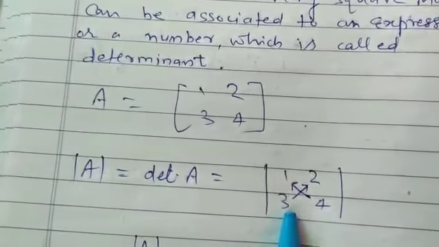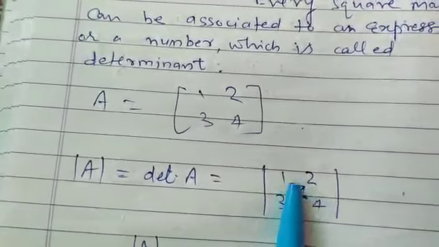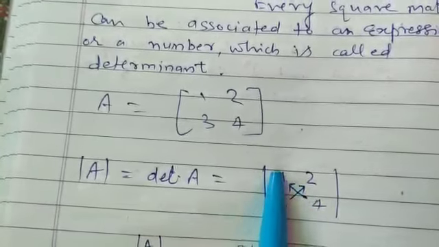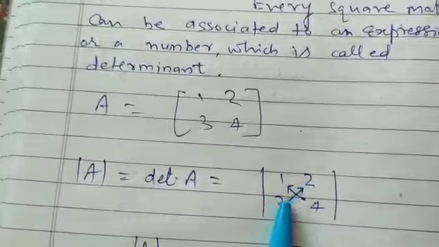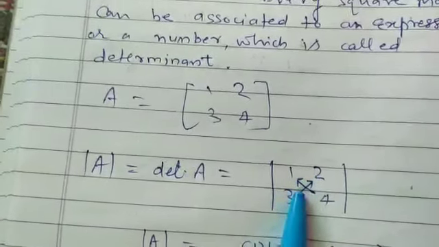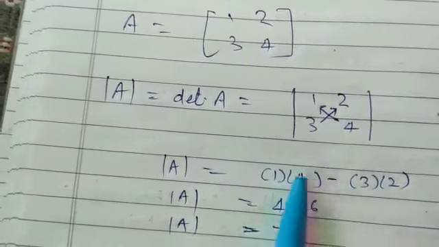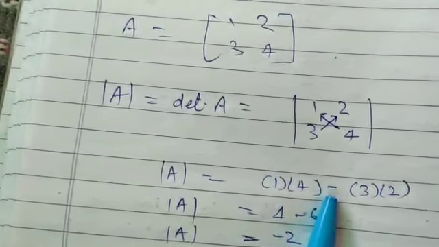Now what should we do after this? This is the principal diagonal. Please do the product of the elements on the principal diagonal, and this is called the off diagonal. Do the product of the elements of the off diagonal like this: 1 into 4 and 3 into 2, and in between these two we put a minus sign. We have to subtract.